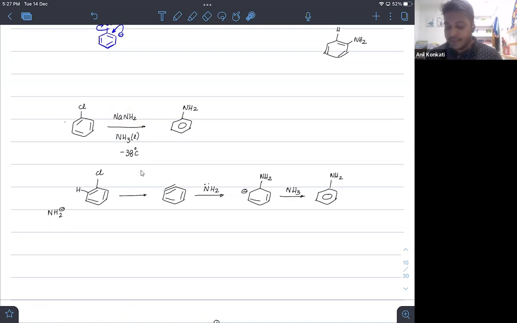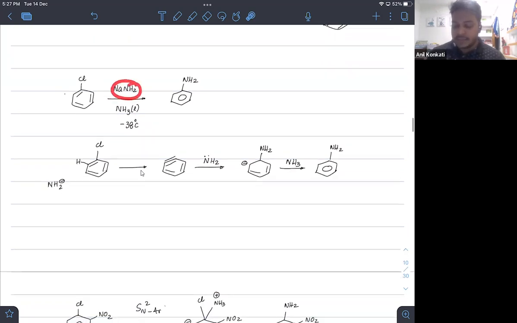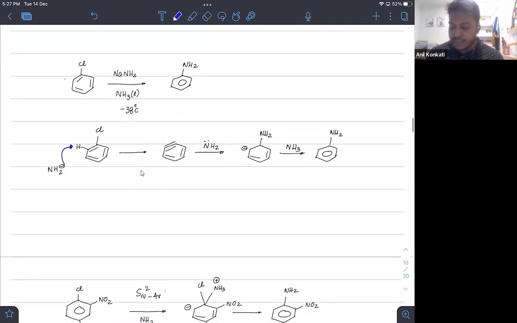Okay, then NaNH2 in liquid ammonia, there we can expect that NH2 minus will extract this proton, make a benzyne form, and this NH2 will attack on either of the sides. Here it is symmetrical. If it is unsymmetrical, how the attack happens, we have already studied in alkyl halide. So then once you get this minus charge, it would take away H plus from the ammonia and you'll get the aniline form. Here everybody.